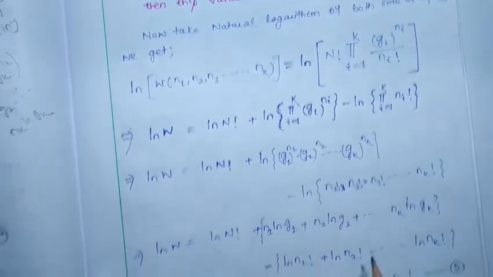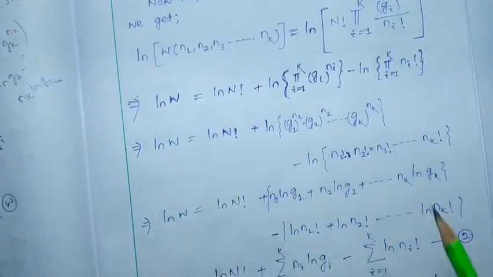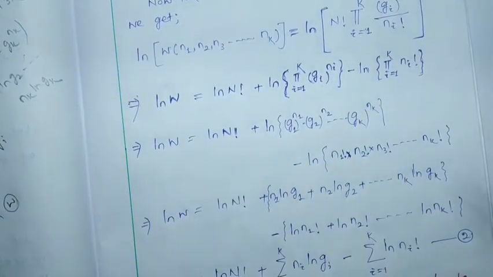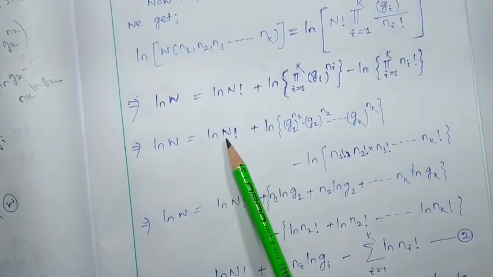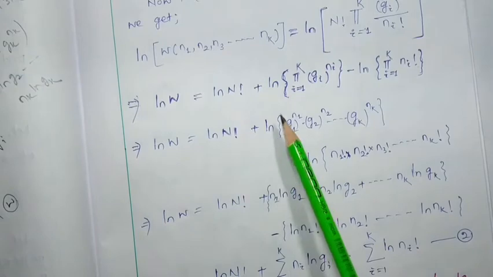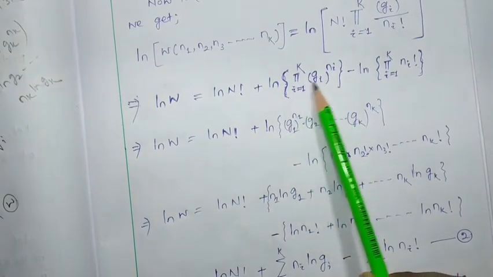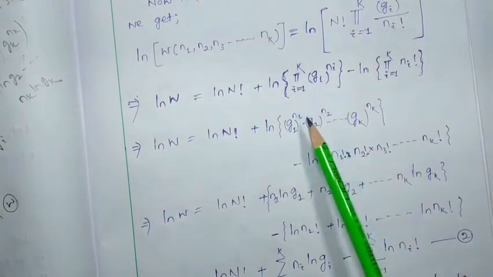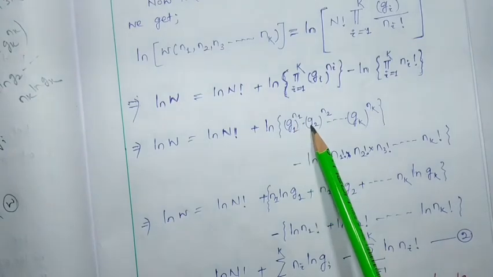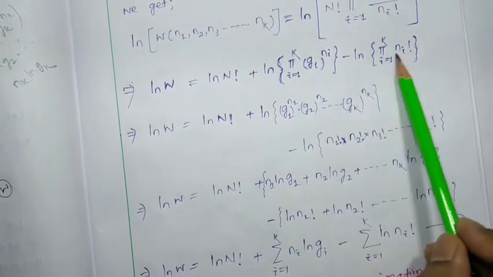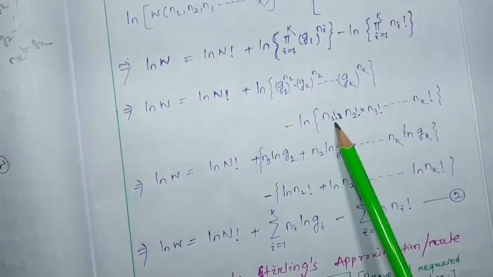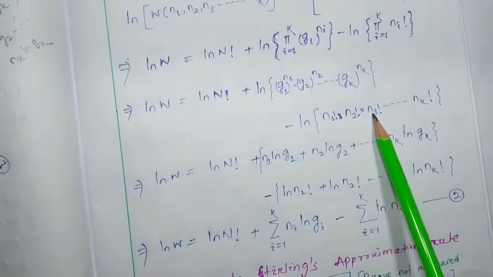So ln W is ln n factorial plus ln of g1 to the power n1 into g2 to the power n2 up to gk to the power nk, minus ln of n1 factorial into n2 factorial into n3 factorial up to nk factorial.